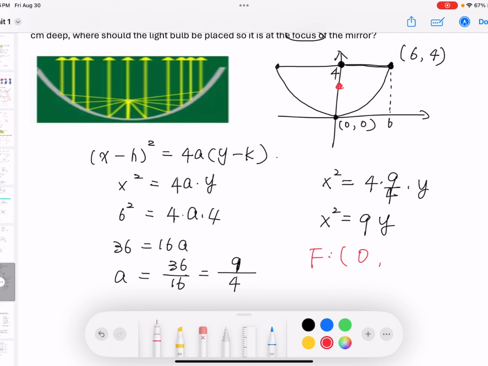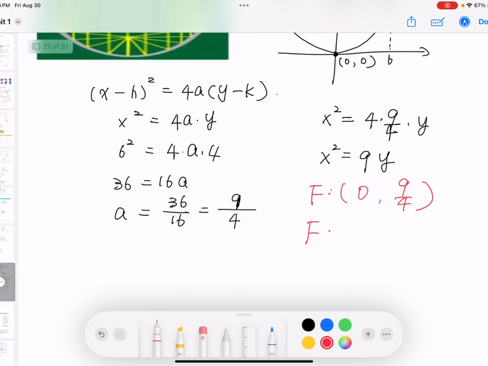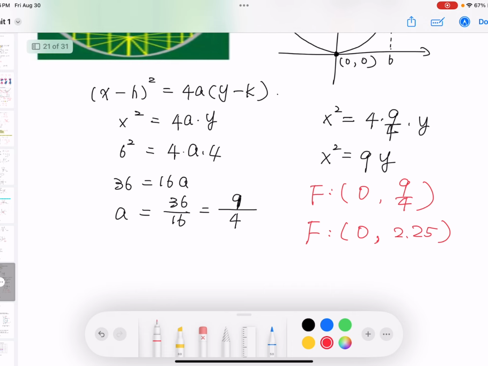So based on the 0, we plus 9 over 4. So this is the focus. If you want to convert 9 over 4 to decimals, that is 2.25. So the light bulb should be placed 2.25 centimeters above the vertex. Okay, we're done.